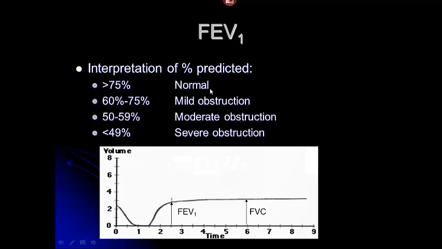FEV1 again, normal is more than 75, so let's take 80 to 100 as normal. Mild is up to 75, moderate is 50 to 59, and severe is less than 49. But for your level, you're only responsible to interpret this is obstructive, this is restrictive. And what are the most common examples of disease process?